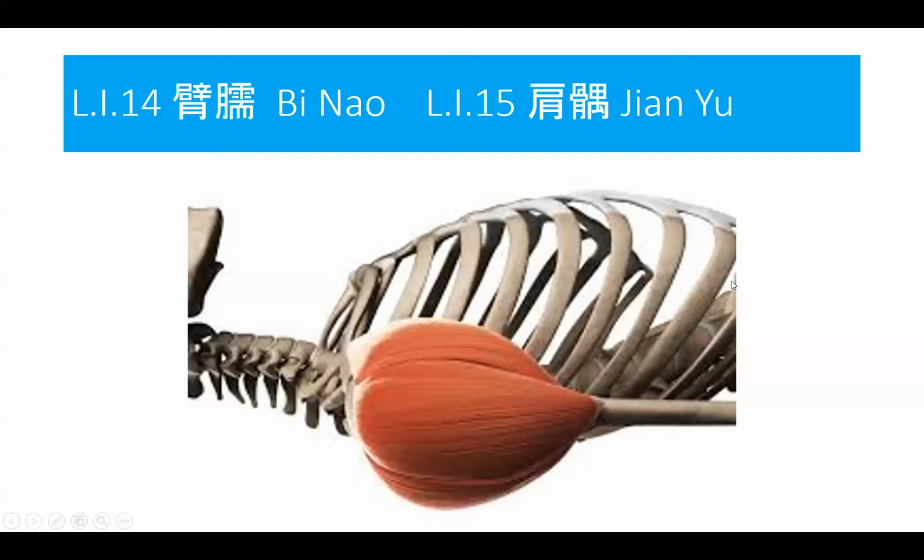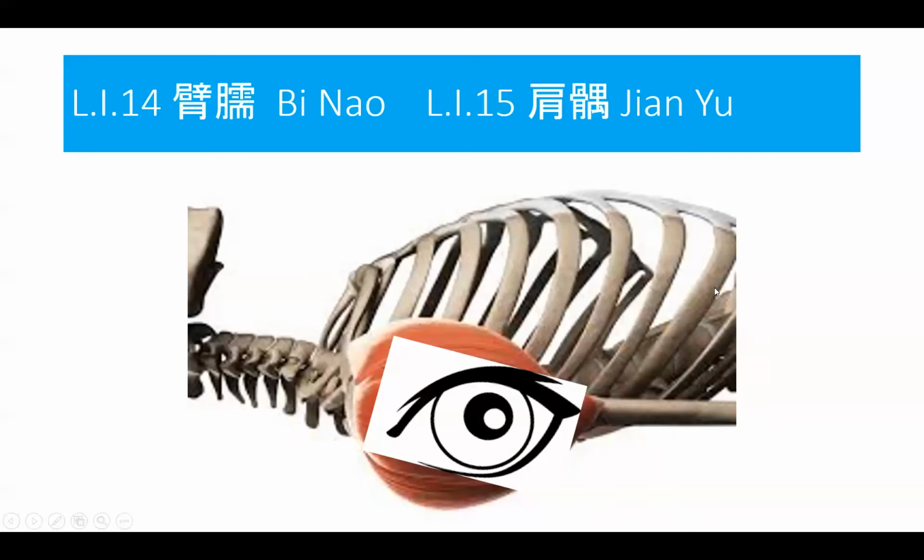You can see that the shape of the deltoid is a little bit like the shape of the eye. Large intestine 14 and upwards, or a little higher up, and even large intestine 15 are very good points for the eyes, as well as voice. But I don't have a picture for why it's good for the voice. That's a different story.